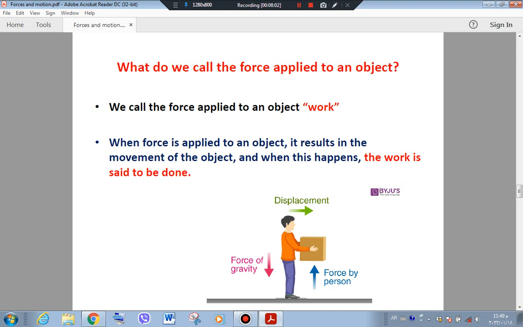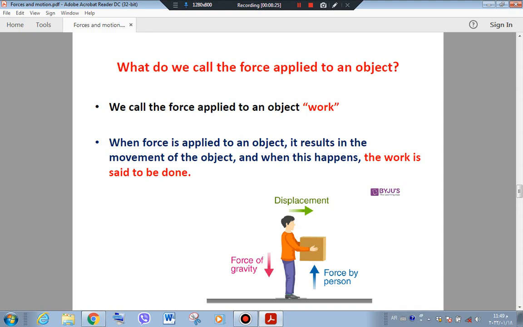When force is applied to an object, it results in the movement of the object. Okay, as you can see in the picture, there is a guy trying to move a box. There is a force here which is called the force of gravity.